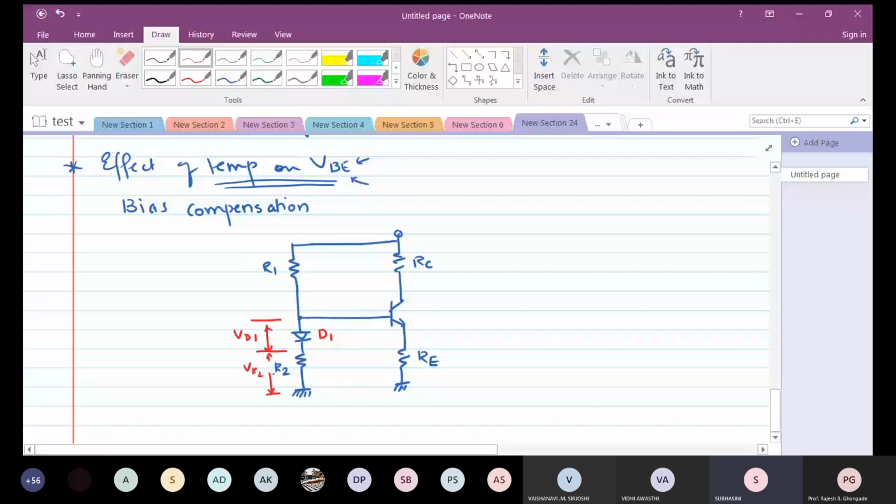We have already said that IC is nearly equal to VB minus VBE divided by RE. We started off our discussion with this equation itself.